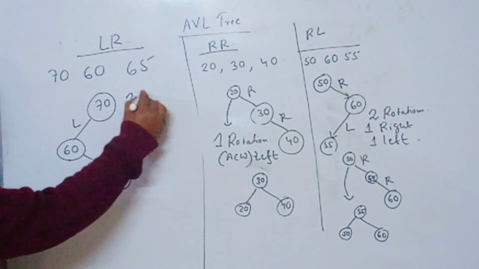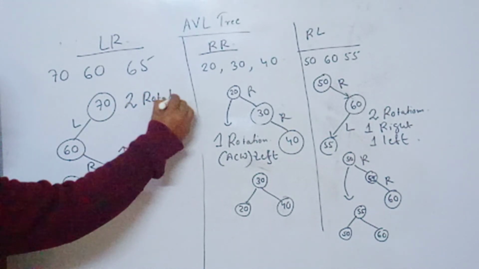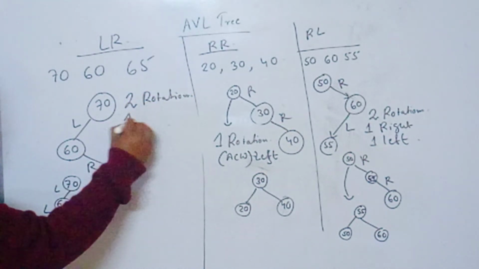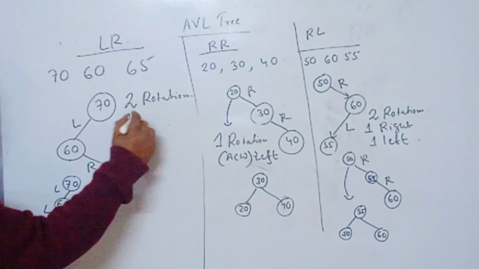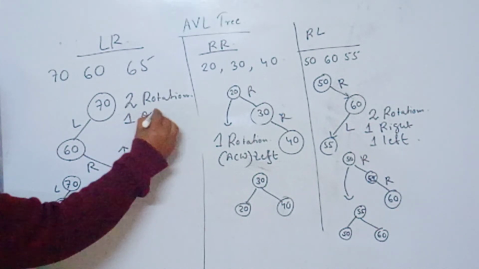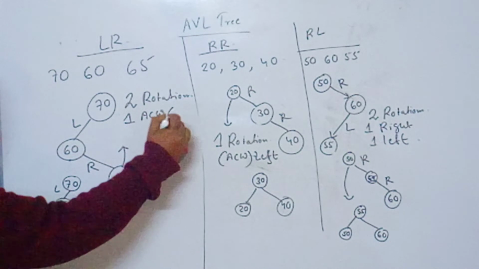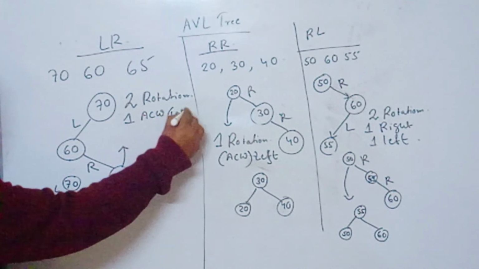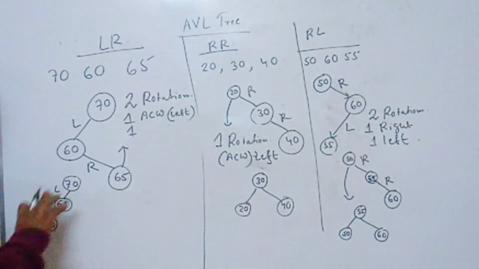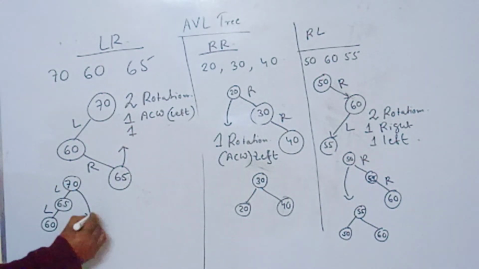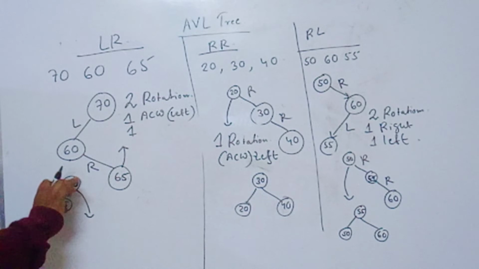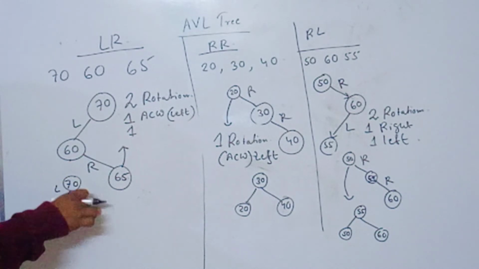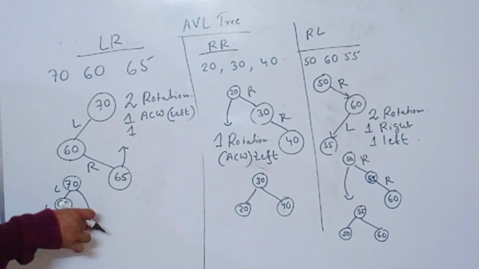So two rotations we have. First one is anti-clockwise, that is left, and next is clockwise, that is right. With 65 fixed, we just rotate 70 clockwise.